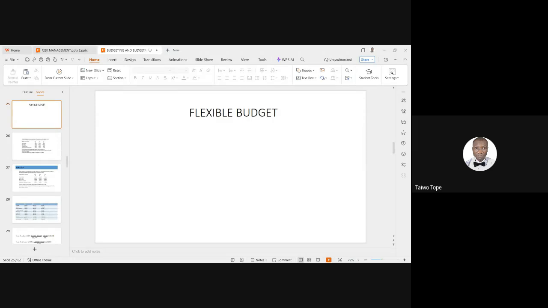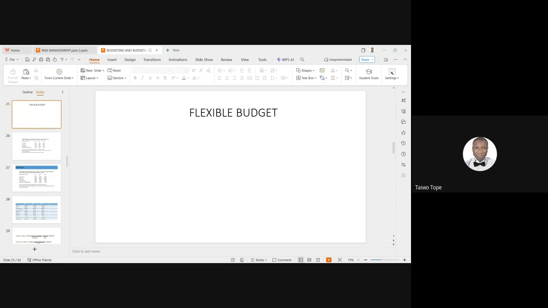For example, you can be producing at 50% activity level. The cost you will incur when you are producing at that level will vary when you are producing at 80% capacity level, because sometimes there's what we call economies of scale. If you buy in large quantity, there are certain discounts you can enjoy on cost, unlike when you are just producing on a small scale.